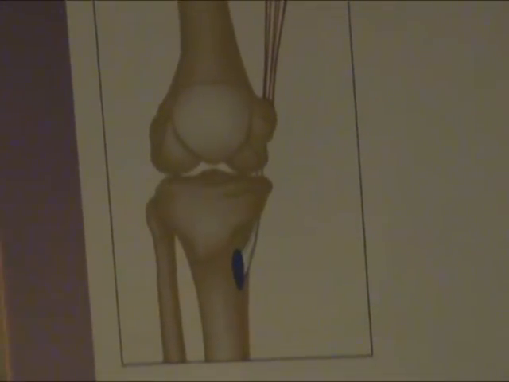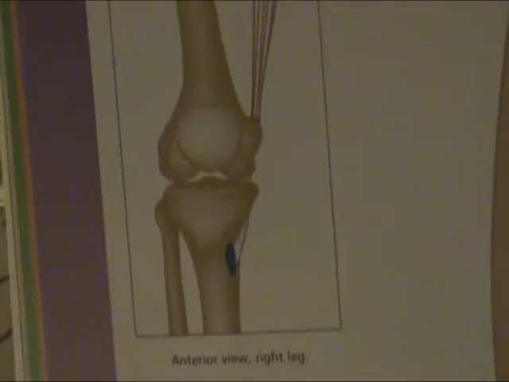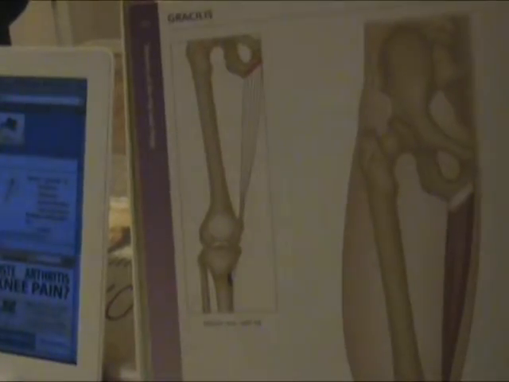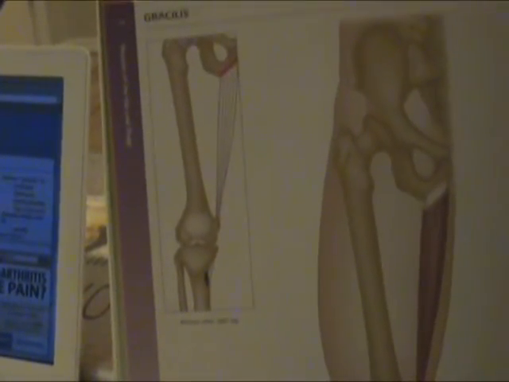The insertion is the medial surface of the tibia. The joints associated with the gracilis are the knee and the hip. And the action is to flex the knee and adduct the thigh.